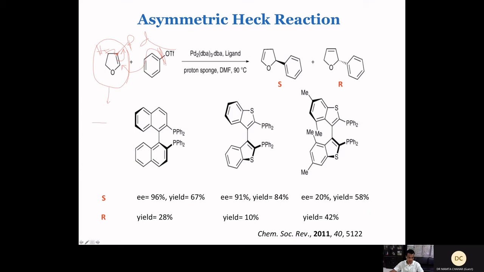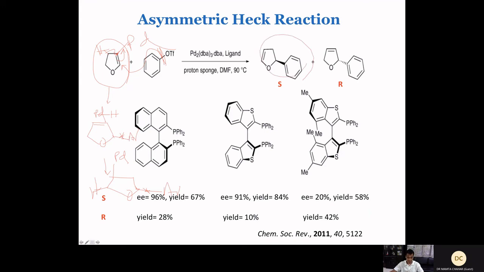So what happens after a certain point is palladium is over here and aryl group over here, and there was an H palladium intermediate sitting there, which was generated previously. Now the beta migratory insertion will give an intermediate where palladium is over here, right? And then beta hydride elimination from there would lead to the product formation that you have seen in here.